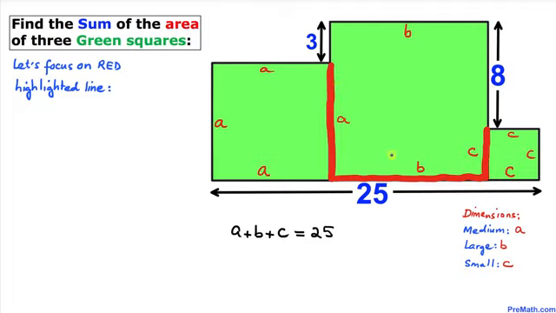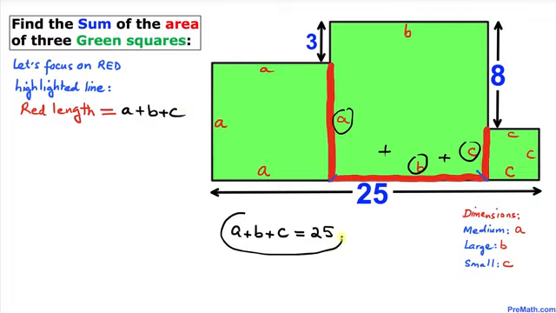From this point to this point is length A, from this point to this point the length is B, and from this point to this point the length is C. So the total red length is A plus B plus C. But we know that A plus B plus C is 25, so this red length is just 25.